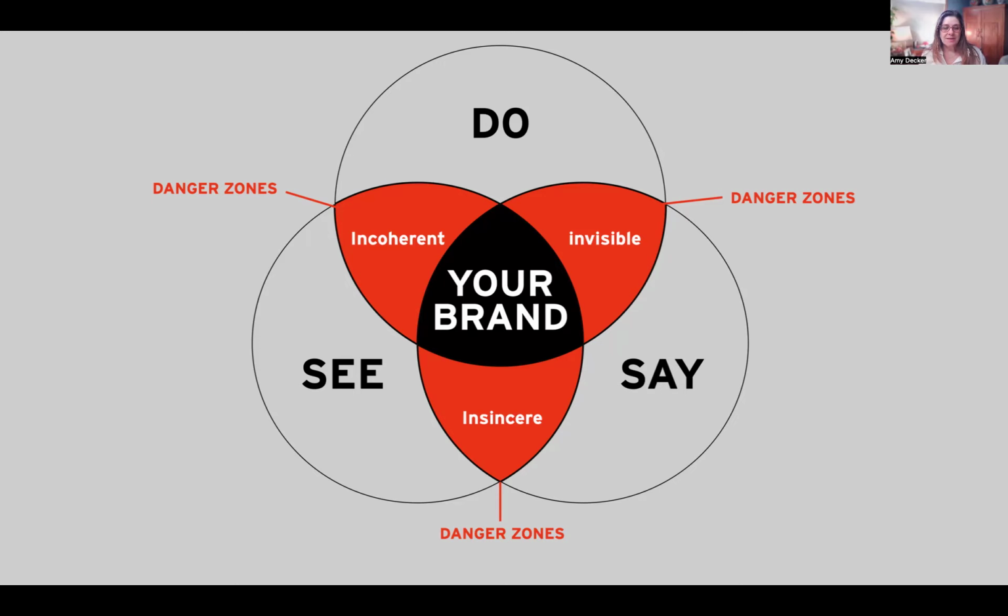The red areas in this diagram highlight the danger zones when any one of these elements is missing or out of sync. An insincere business is when a company looks the part and promises you the world, but then fails to deliver. So that means they've not done the do. A business that consistently or knowingly disappoints its customers is ultimately not honest or sustainable.